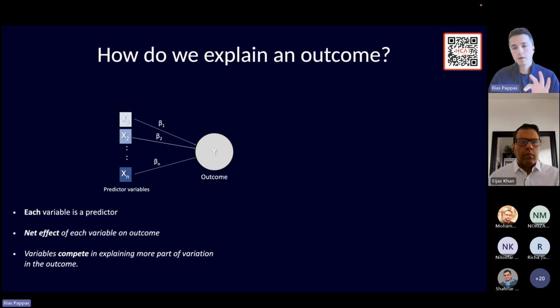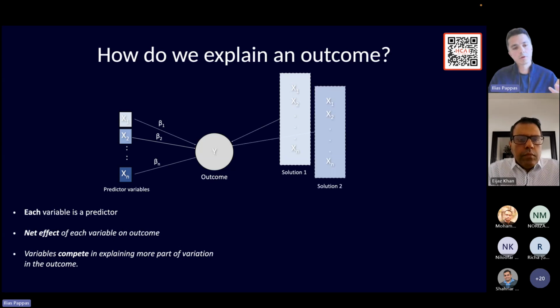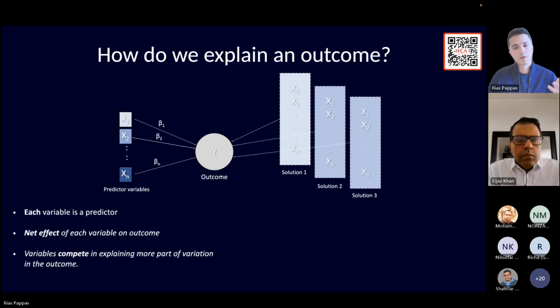So if we try to visualize how we explain the outcome through asymmetric thinking using configurational methods, and especially fsQCA, the solutions instead will look a bit like this. On the left side, I had only one solution, right? Which was the best solution that explained the largest amount of variation of the outcome.